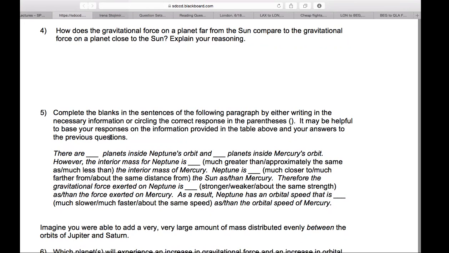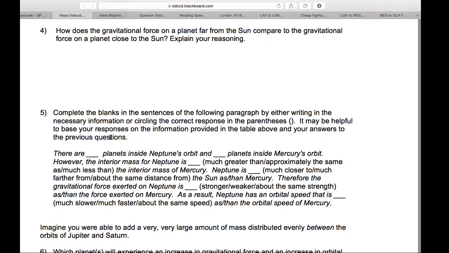And then, however, the interior mass of Neptune is approximately the same as the interior mass of Mercury. Neptune is farther from the sun than Mercury.